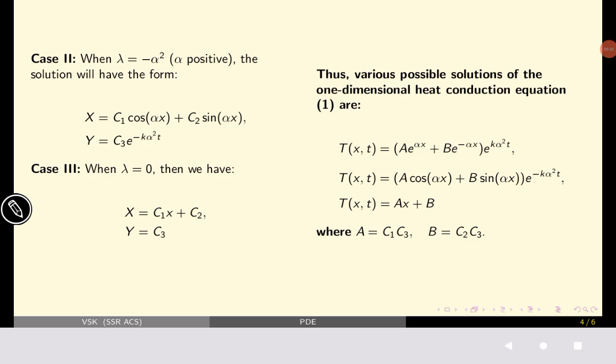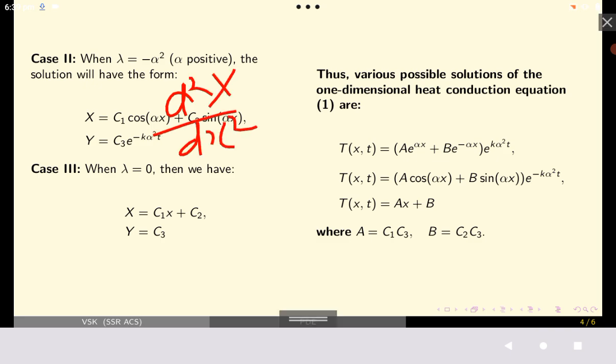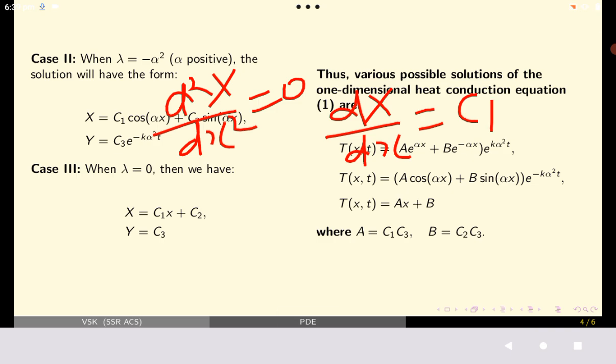From the first, d2X by dx square equal to 0 gives dX by dx equal to c1, and integrating one more time we get X equal to c1 x plus c2, and Y equal to c3. The second equation simply gives c3.